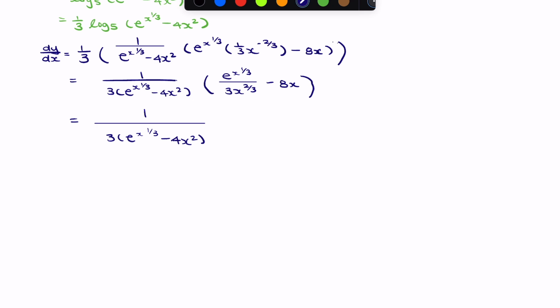Again, e to the power of x to the power of 1 over 3 minus 24x to the power of 5 over 3 over 3x to the power of 2 over 3.